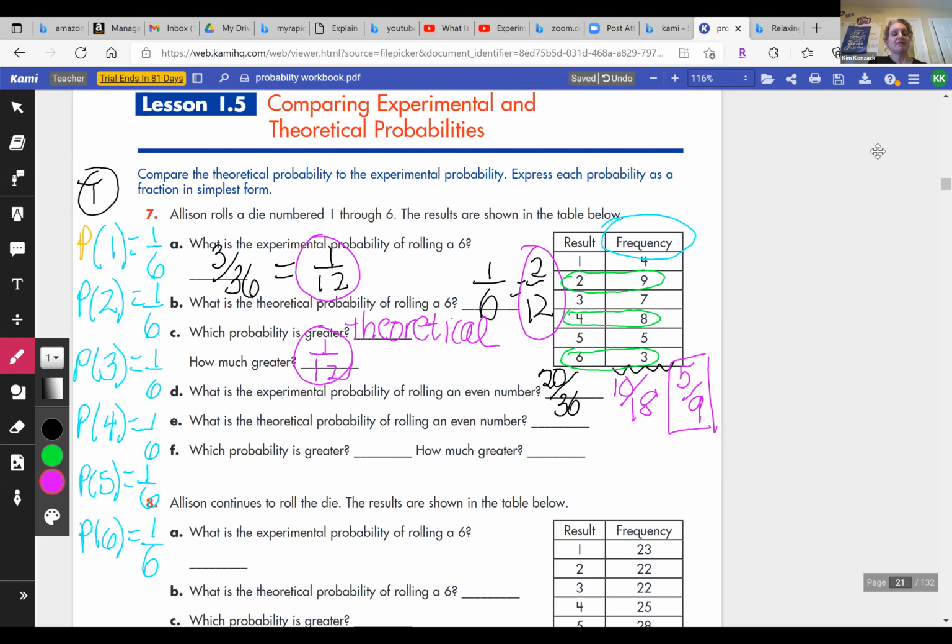Now, I'm starting to run out of room here. So this was 20 out of 36.